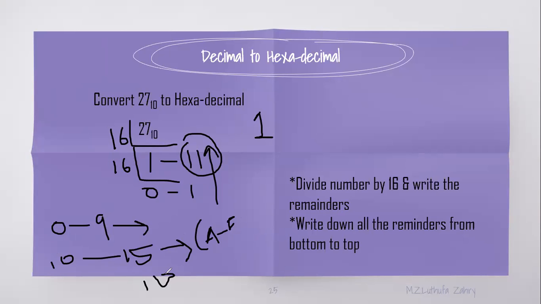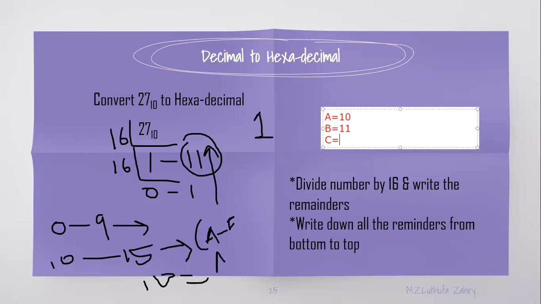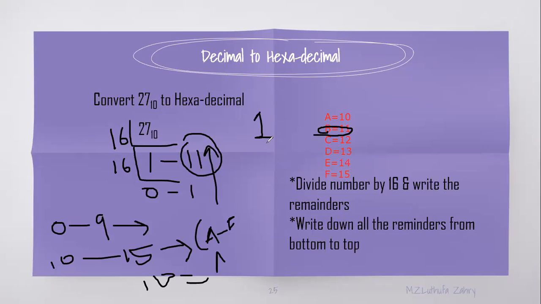So A is equal to 10, B equals 11, C equals 12, D equals 13, E equals 14, and F equals 15. So there you can find this 11, B. In hexadecimal, B is 11. So you have to put it as B. That is how we got this answer.